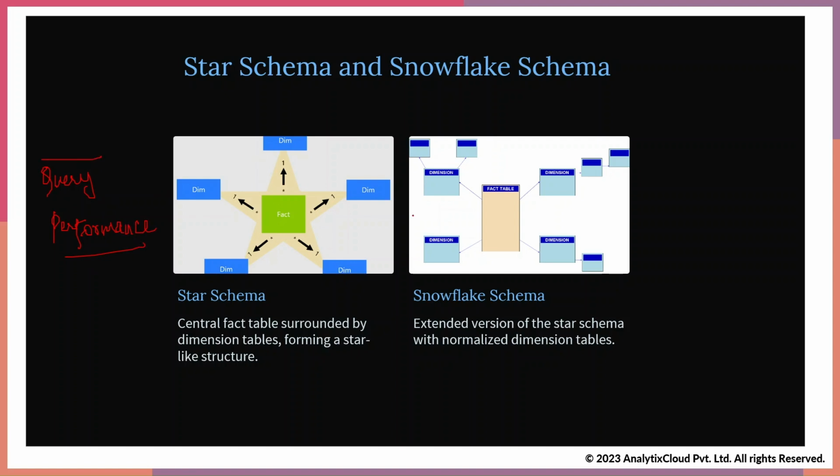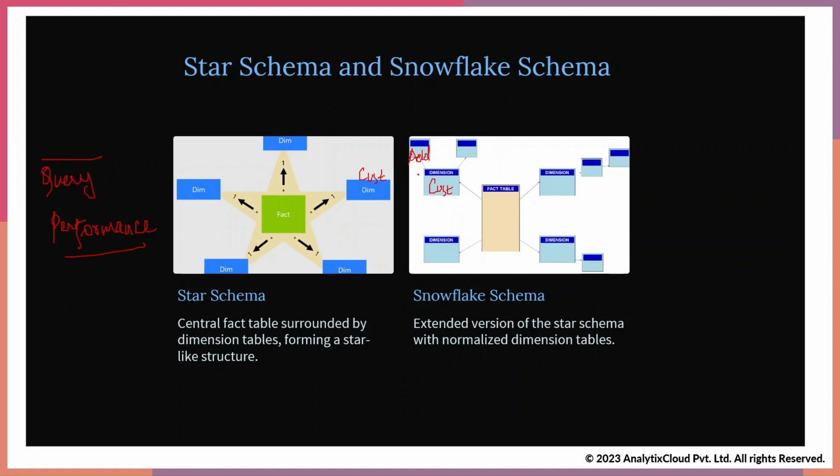Let's say in this case, fact table, we have one dimension. This dimension is split across two other dimensions. Let's say I'm talking about the customer dimension, and I'm splitting this customer dimension into other smaller dimensions. Let's say this dimension is address.